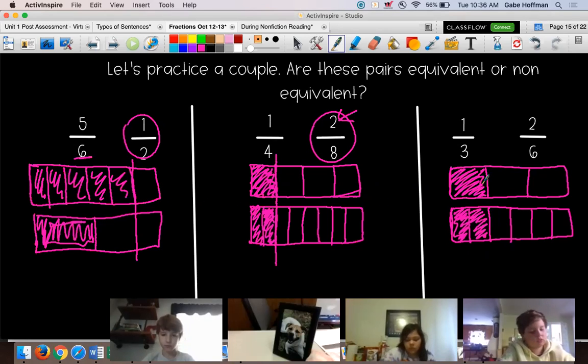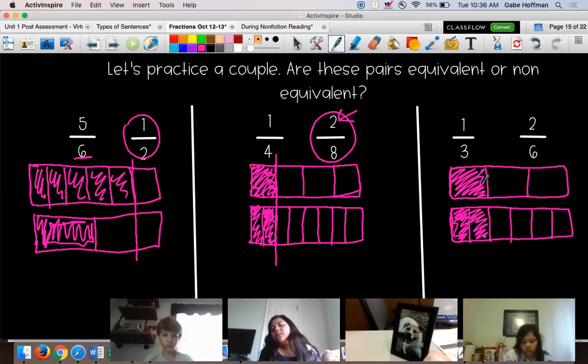And Corbin, are these equivalent? Yes. How do I know that? Because they are lined with each other. If you draw a line down, they will be equal. Yep, they take up the same amount of the whole, same amount of the same size whole.